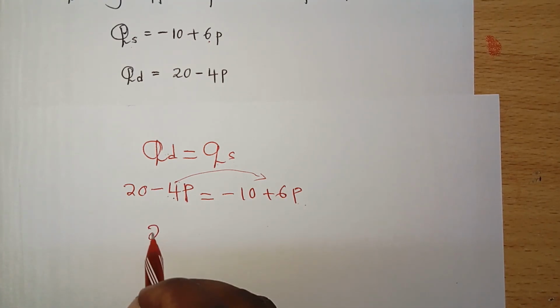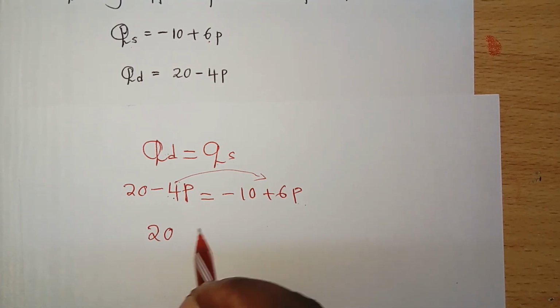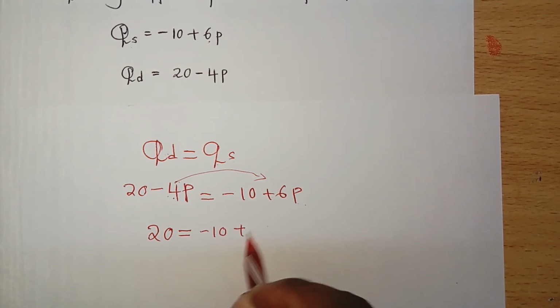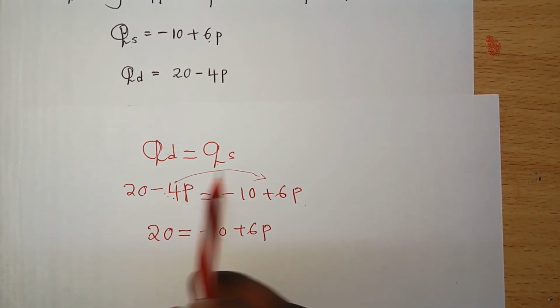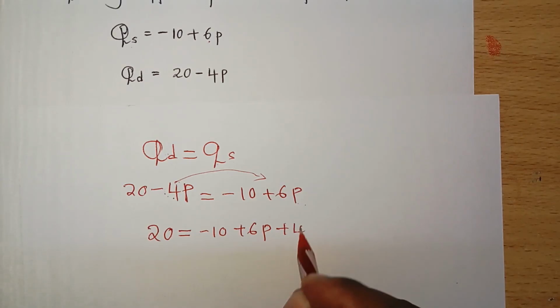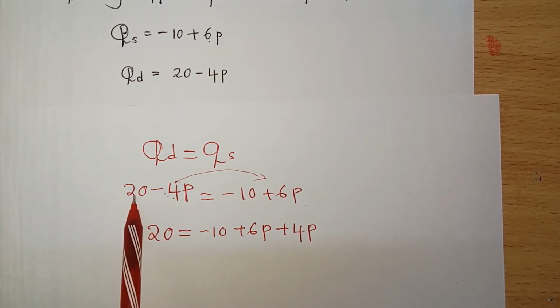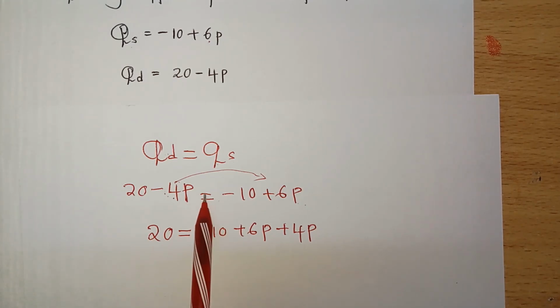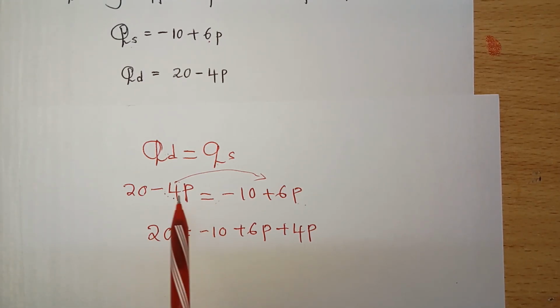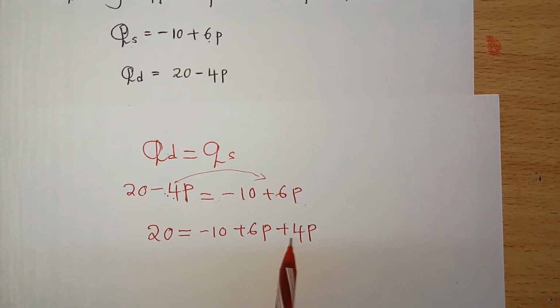So we are left with 20 on the left hand side, and we equate to negative 10 plus 6p, and then from there you add this 4p. That's why I have written here positive 4p.